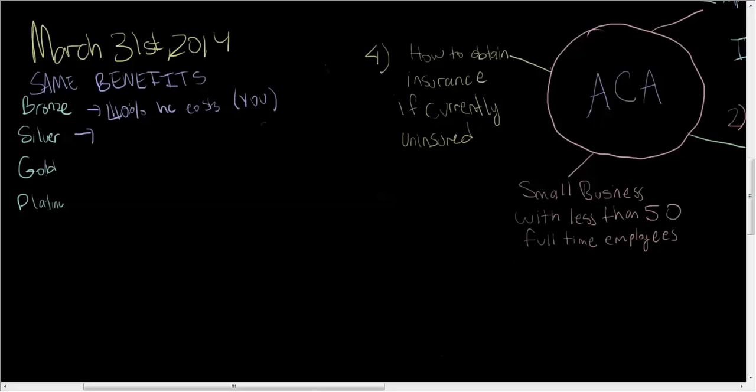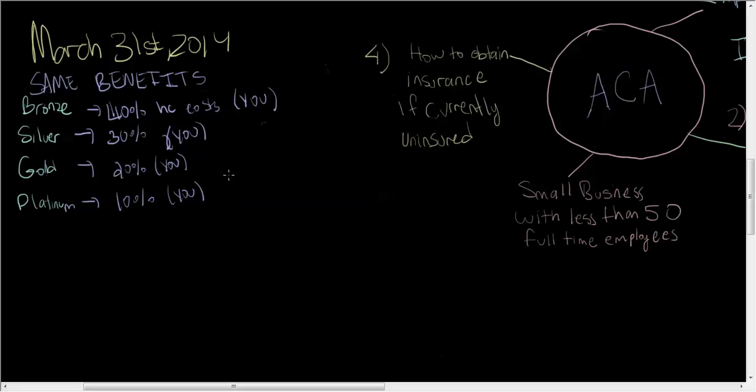With silver, you will pay 30%, and your insurance company will pay the other 70%. In gold, you'll pay 20%, and your insurance company will pay the other 80%. In platinum, you will pay 10%, and your insurance company will pay the other 90%.